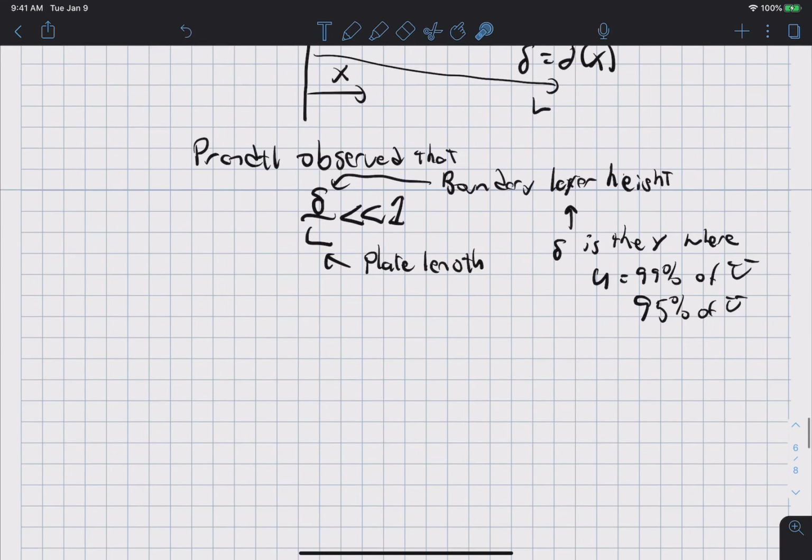And so there are some consequences to Prandtl's observation.